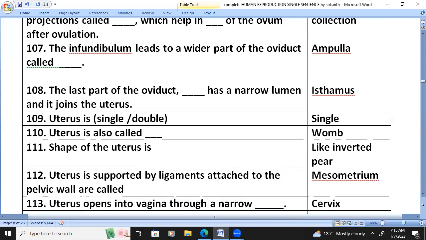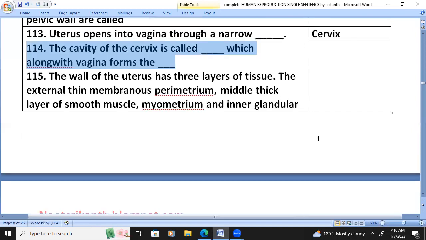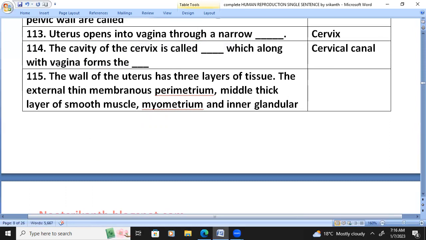The cavity of the cervix is called the cervical canal, which along with the vagina forms the birth canal.